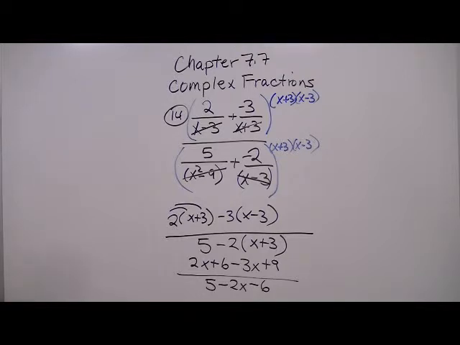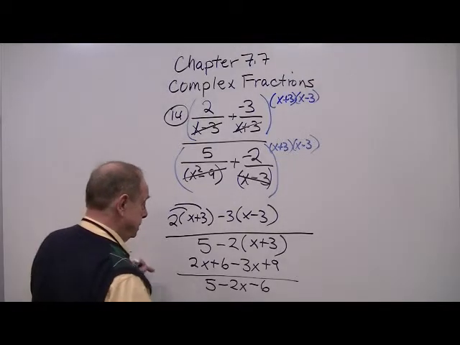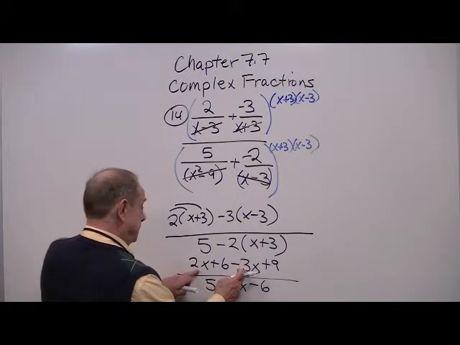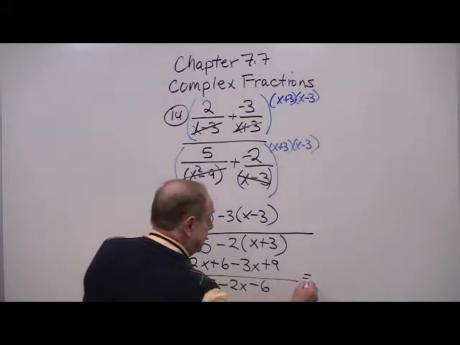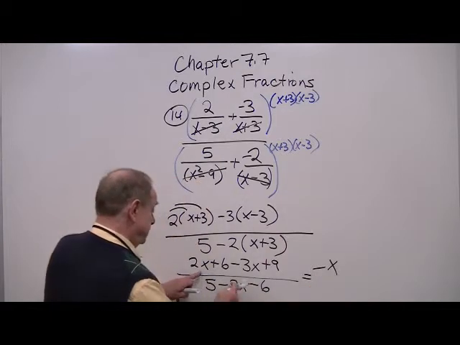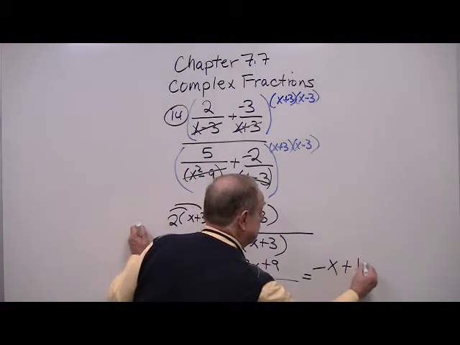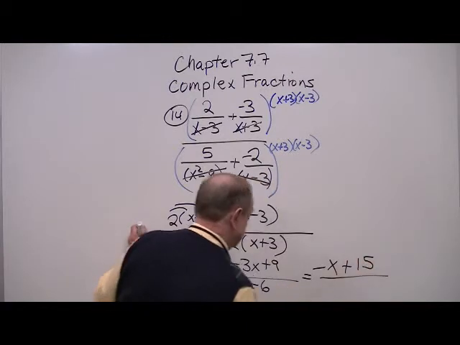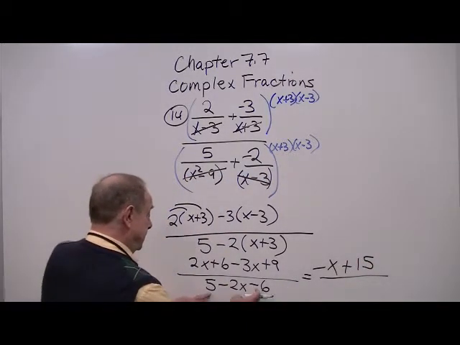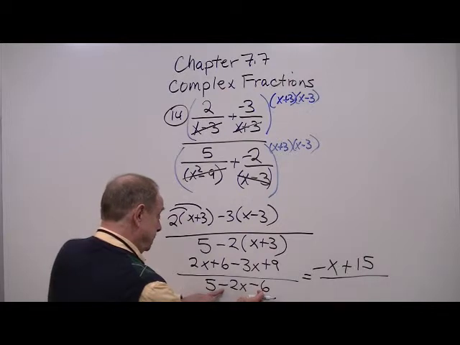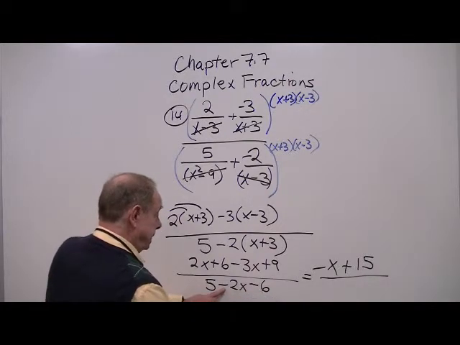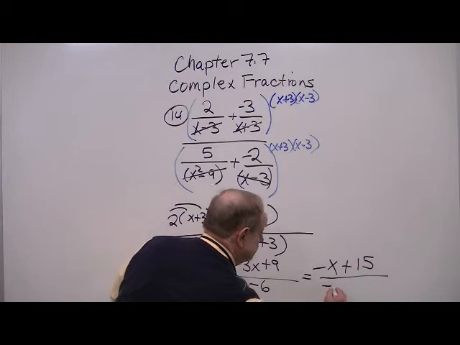So it's a matter of now of collecting like terms. Here we're going to end up with a negative x and a positive 15. And then here we're going to end up with a negative 1 and a negative 2x.